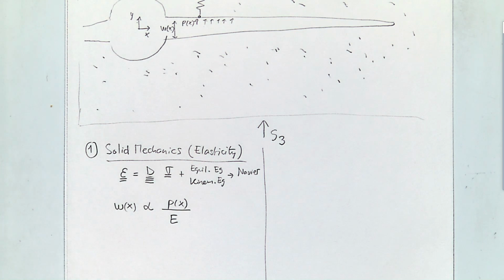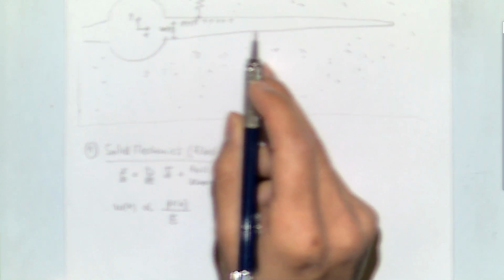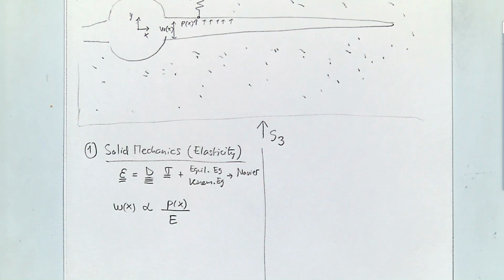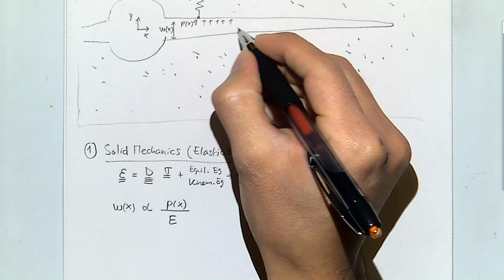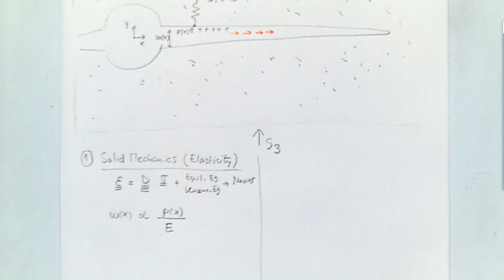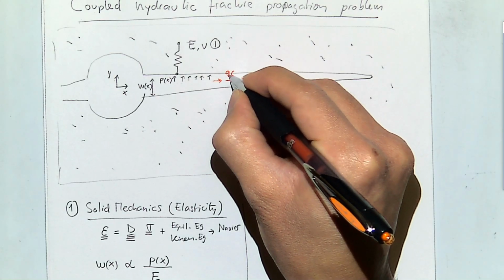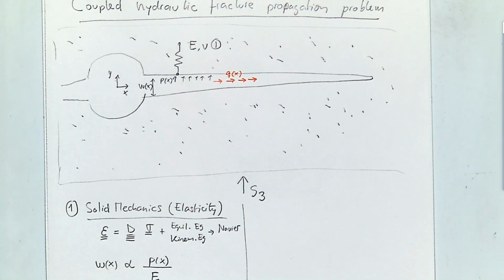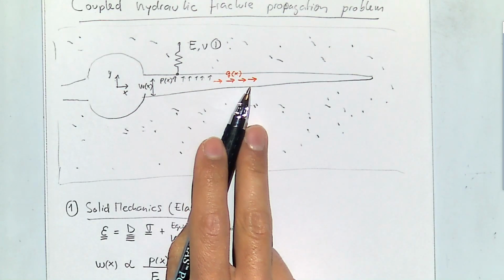All right, second, in order to have a propagating fracture, we need to have fluid that goes through the fracture, let's say from the wellbore to the tip. And that's going to go at a rate Q that also depends on the position along the fracture.